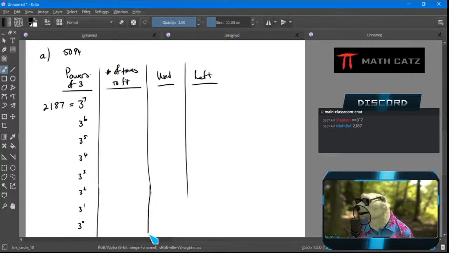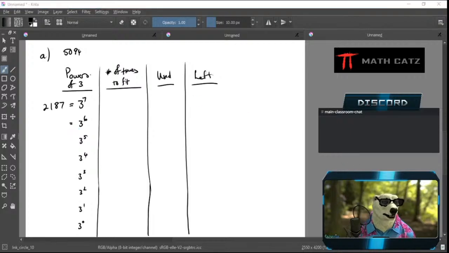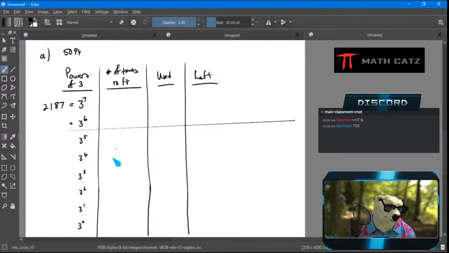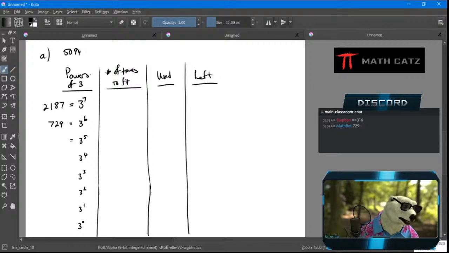I know the smaller the base, the bigger this table is going to be because the jumps are smaller. So maybe I know, maybe I don't know. I don't know 3 to the power of 6. Let's see. 3 to the power of 6 is 729. 3 to the power of 5.